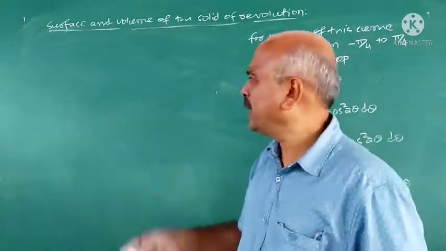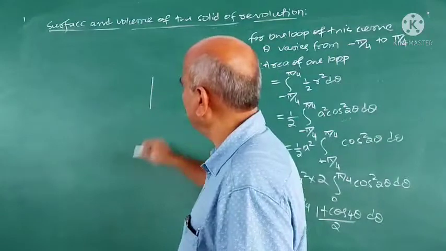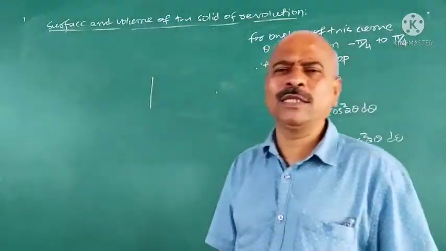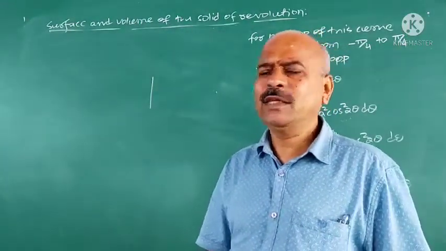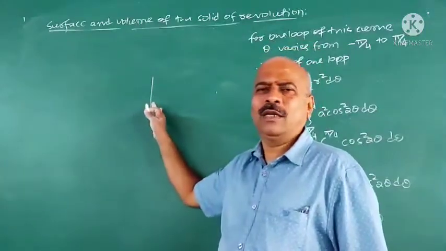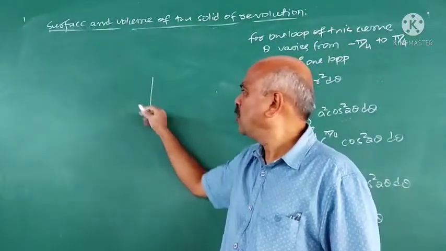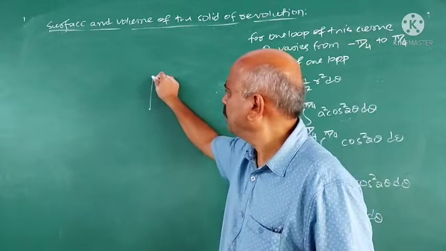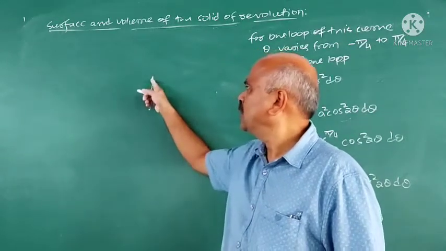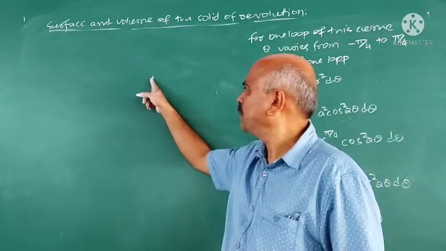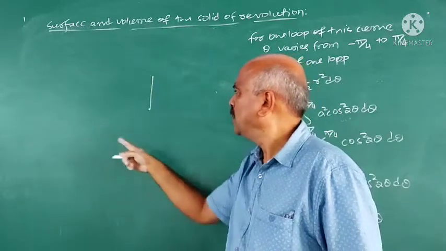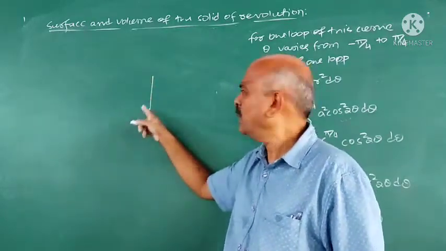I explain by taking an example here. Now suppose, consider this, it is a line. Imagine it lies in a plane. Suppose this line rotates about one of these end points. Suppose it rotates about this point, then what do you get? You will get this. Correct?